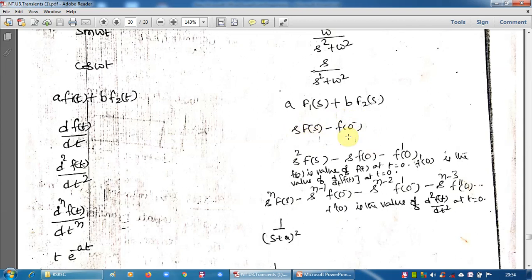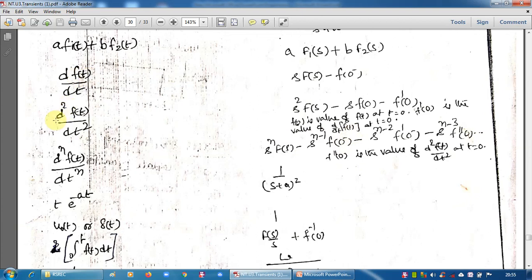Like in the conventional method, we need not find the initial values separately. Initial values are all automatically included in the transformation formula. So this you can remember, d by dt of f of t can be written like this, s f of s minus f of 0.